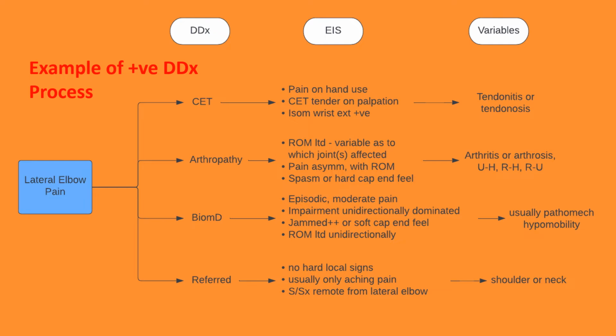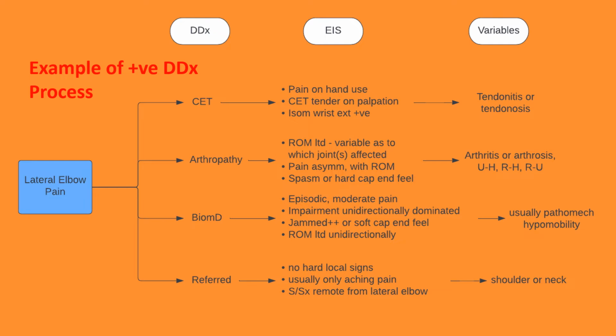It just depends on what movements that joint is capable of as to the actual directions. You're either going to have a jammed infill if it's a subluxation, a pathomechanical subluxation, or a soft capsular infill if it's hypermobility, or it can be a hypomobility caused by basically an arthropathy again.